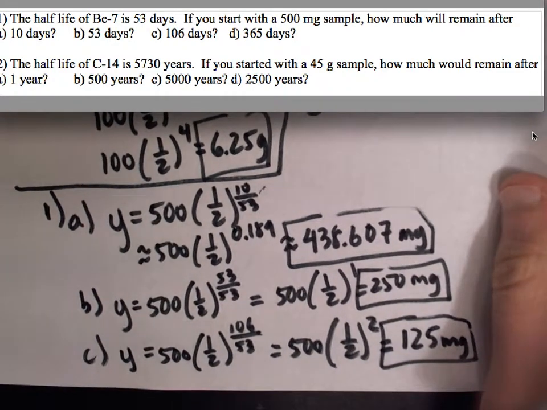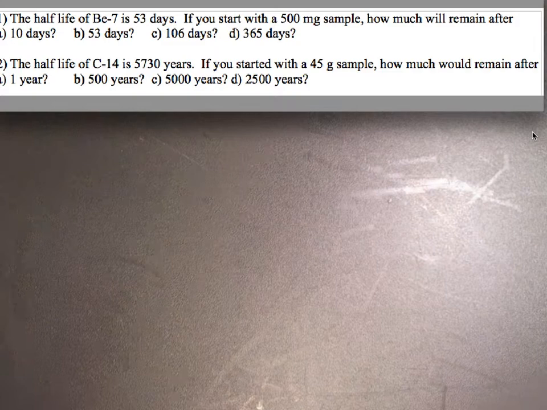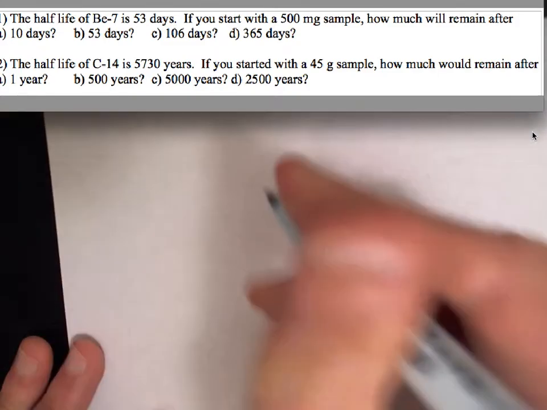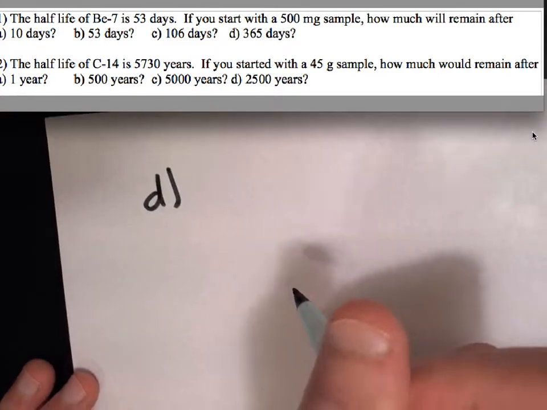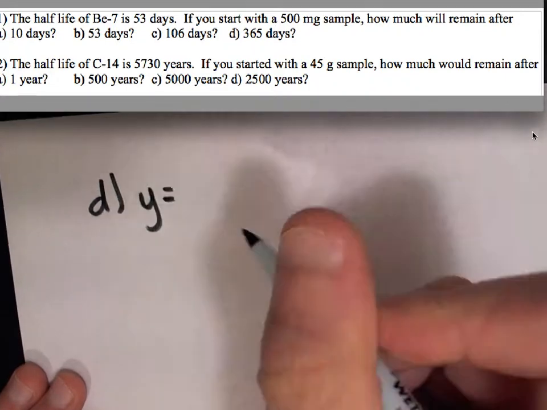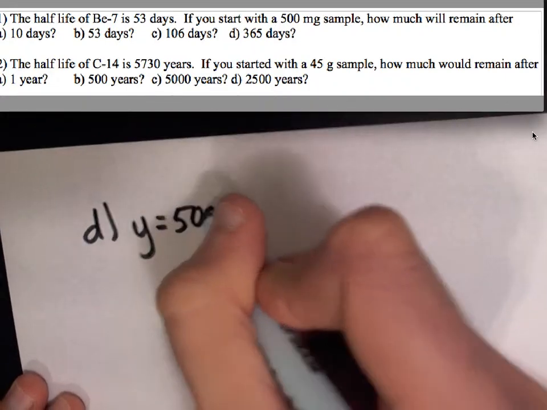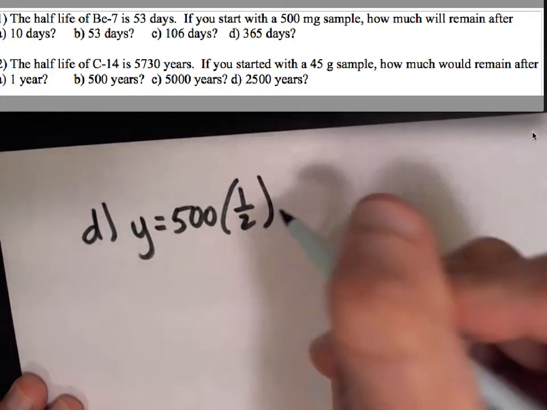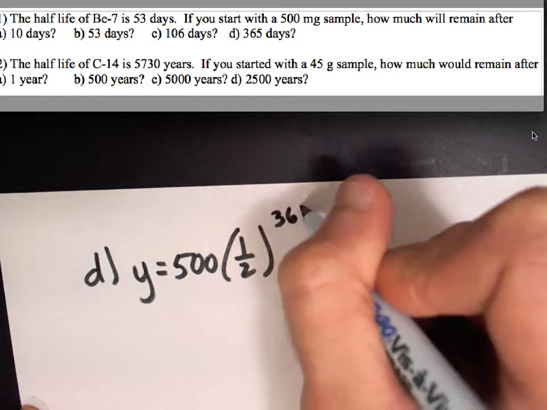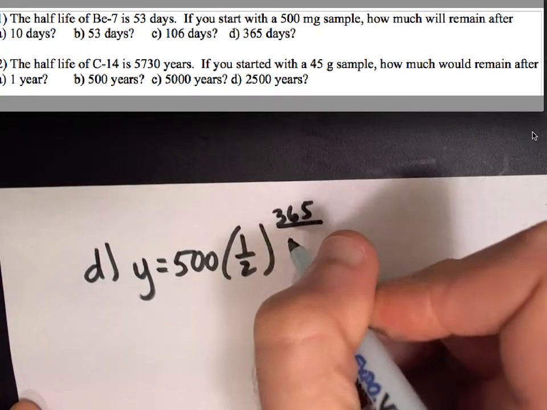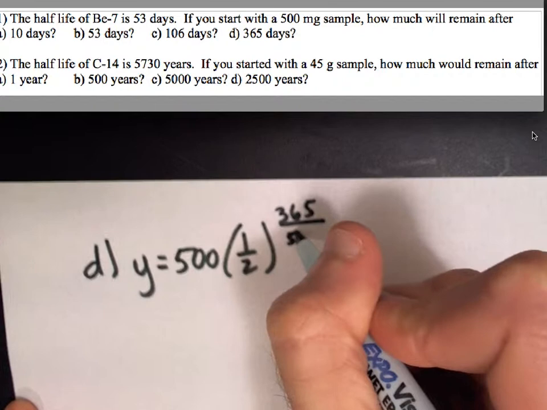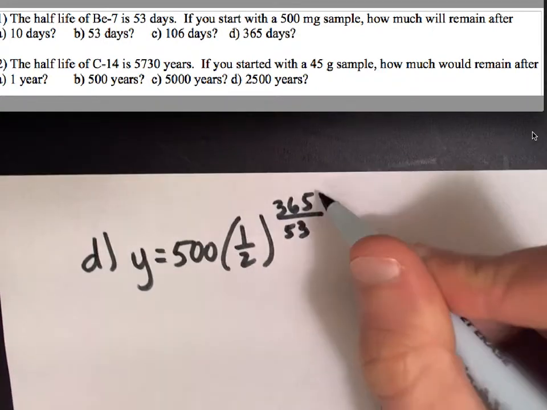Part D, let's go ahead and try one a bit more random here. So 365 days. y equals, so again we start with 500, it's always halving. And we've waited 365 days out of, and the given half-life is 53. Okay, so we've waited many more half-lives.